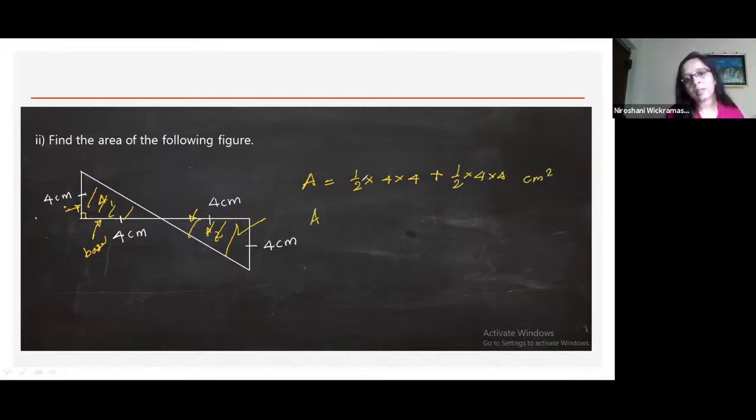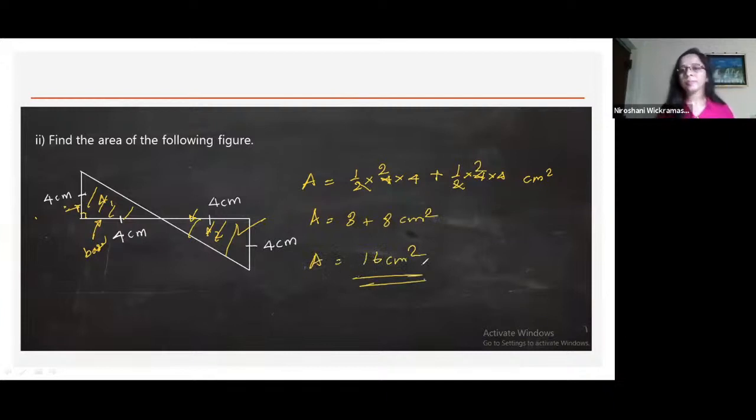Area equals, cancel 2, 2 times 4, 8, plus here also 2 times 4, 8 square centimeter. Area equals 16 square centimeter. Area of this is 16 square centimeter.